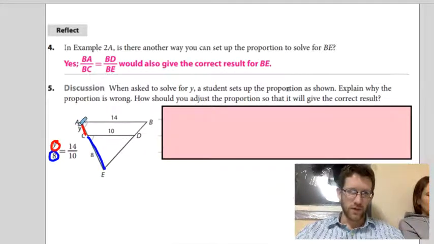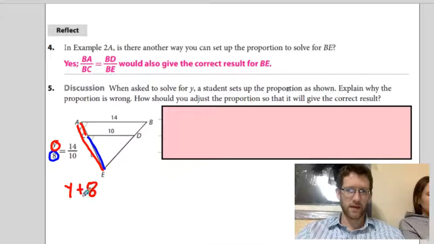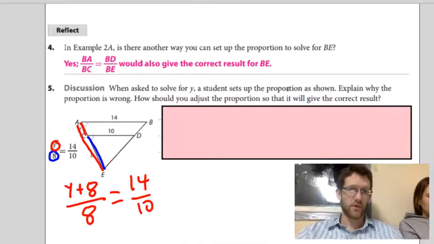What he needs to do is use that for his numerator here. So in this case, he could use y plus 8. So y plus 8 over 8 equals 14 over 10. That would work.